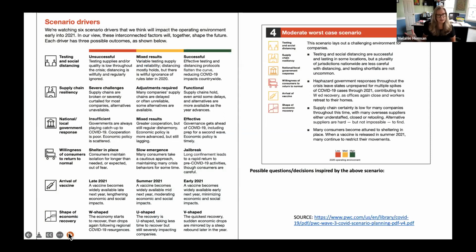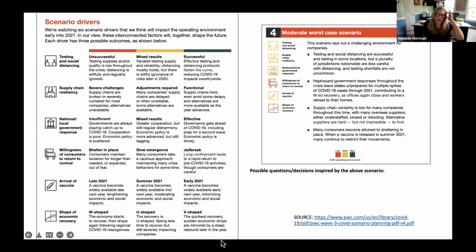They've shared this example of scenario drivers that they imagined would affect the operating environment of their clients in 2021 and beyond. On the left-hand side of the slide is the list of scenario drivers, and I think this idea of drivers is so interesting.